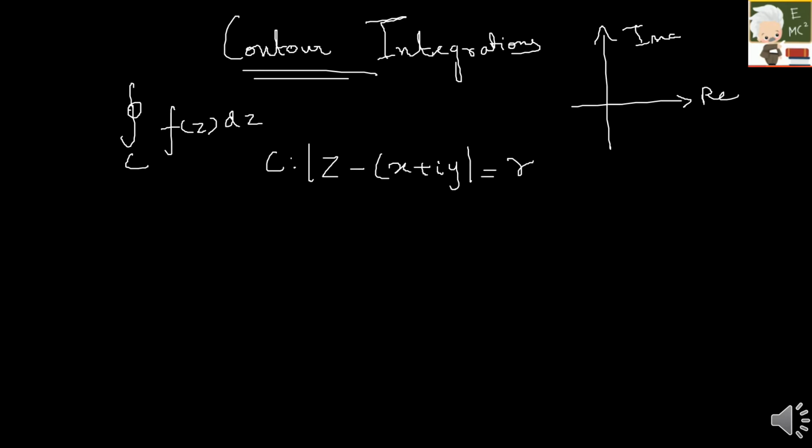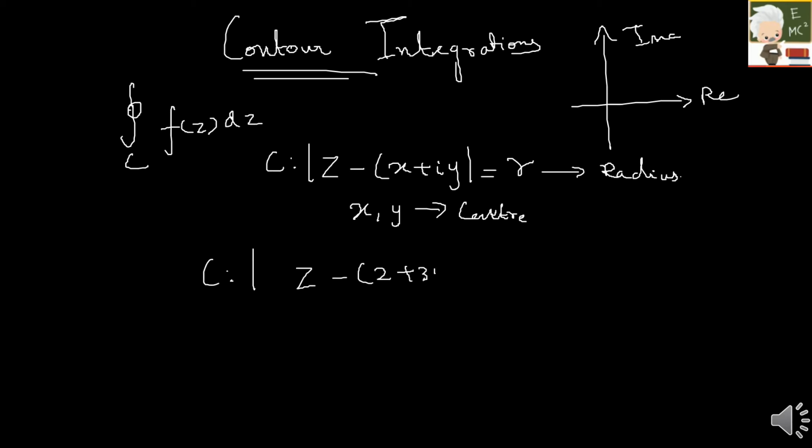Here (x, y) denotes your center point and r denotes the radius of the circle. Let me state an example which will make it clearer. If I have a contour like |z minus 2 plus 3i| is equal to 5, here my radius of circle is 5 and my center point is (2, 3).